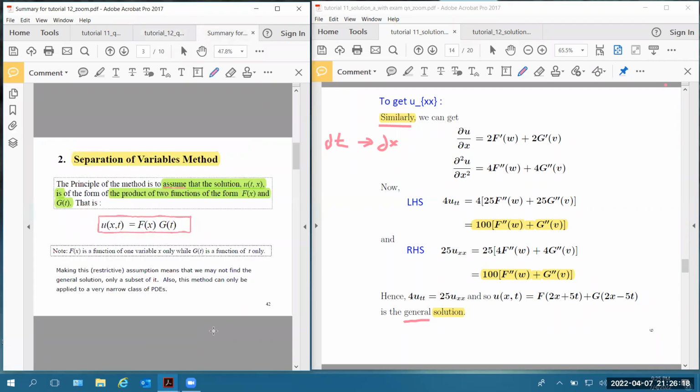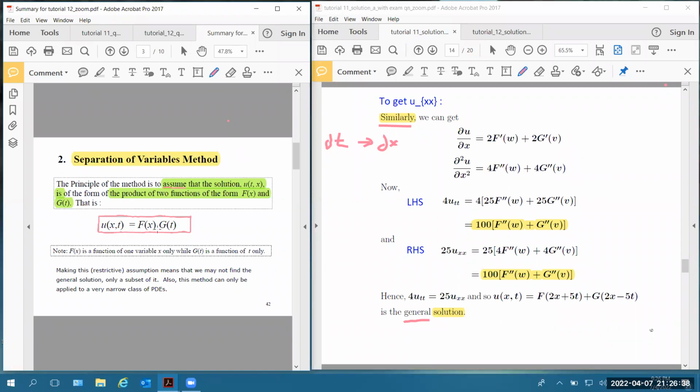What is this method about? So now we are here. Okay, separation of variables method. Now here, what we do is we assume that the solution is of this form, function of x times function of t. All right, this is our assumption. Yeah.